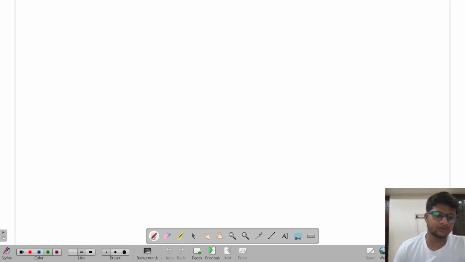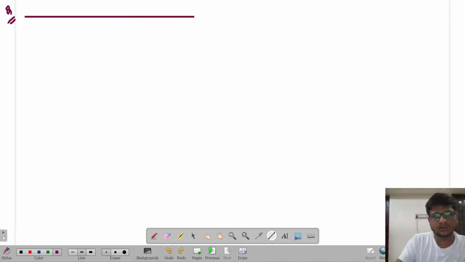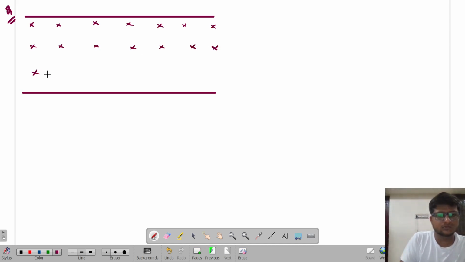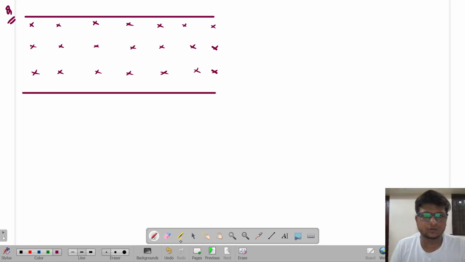So let me give you one question based on this. Let's suppose there is a region in which I have a perpendicular cross-sectional magnetic field, and when I throw some particles inside this magnetic field, we saw a deviation.